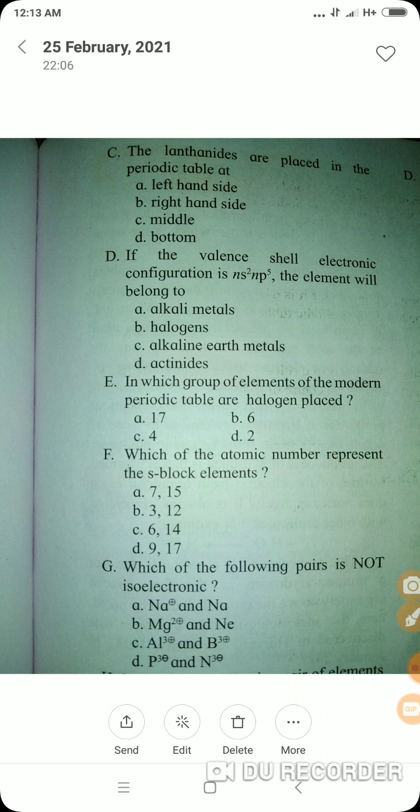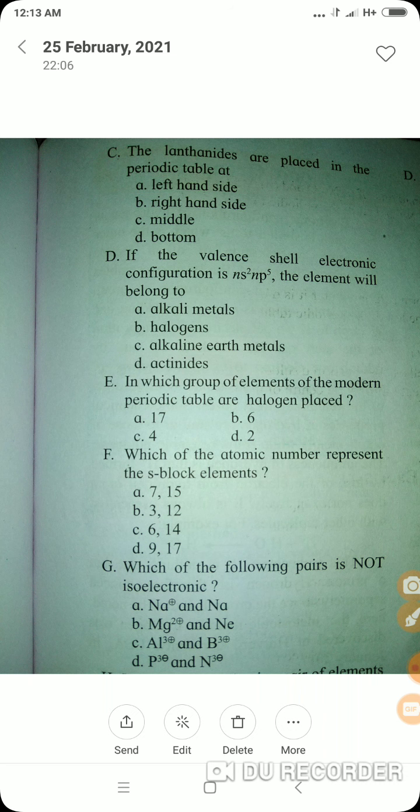Then see the second option, 3 and 12. We know that 3 is the atomic number of lithium, and 12 is the atomic number of magnesium. Lithium is placed in the first group and magnesium is placed in the second group. So option B is correct.